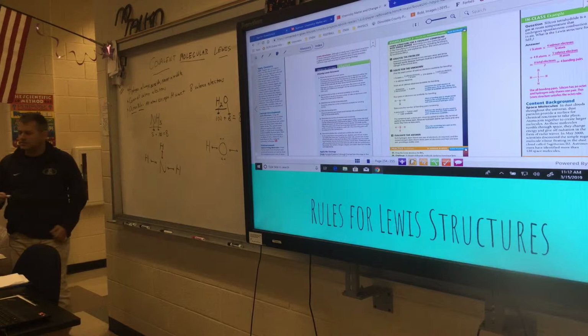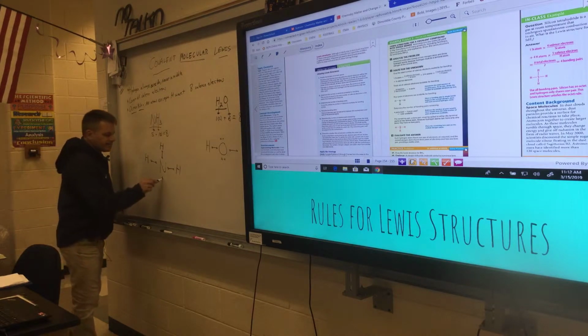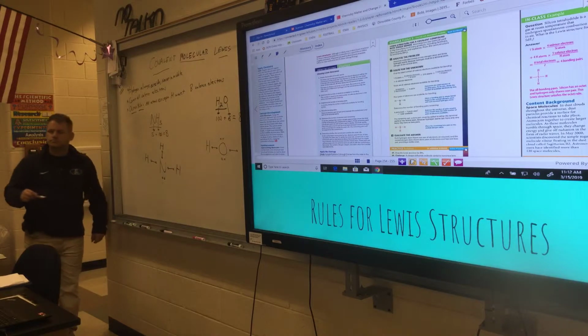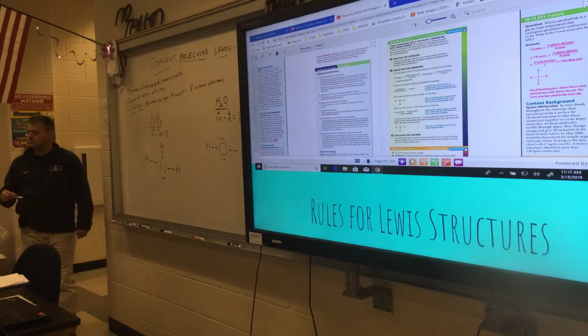That's 6. And then 2 at the bottom, that's 8. Once again, why don't I add the extra dots on hydrogen? You can't. You can never add extra dots to hydrogen. Never.